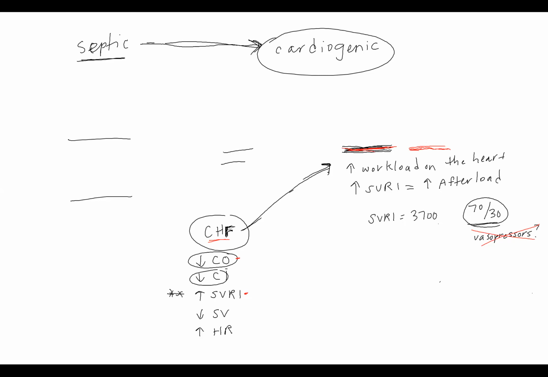So what does that do? I start a vasopressor, and oftentimes, because we measure blood pressure peripherally, what we see is an initial improvement in blood pressure, followed by a deep fall, because the whole time our cardiac output has been doing this.